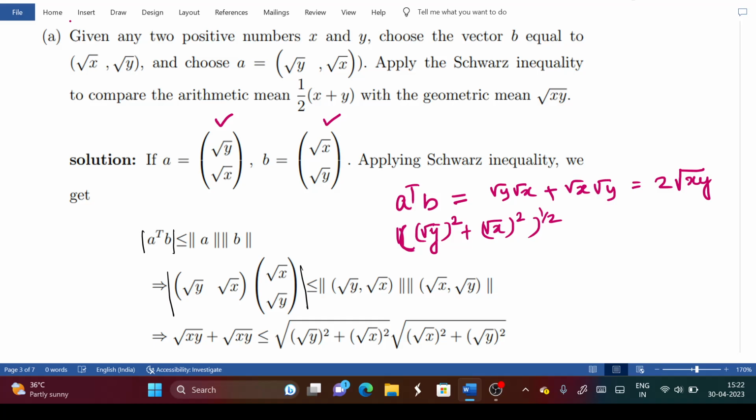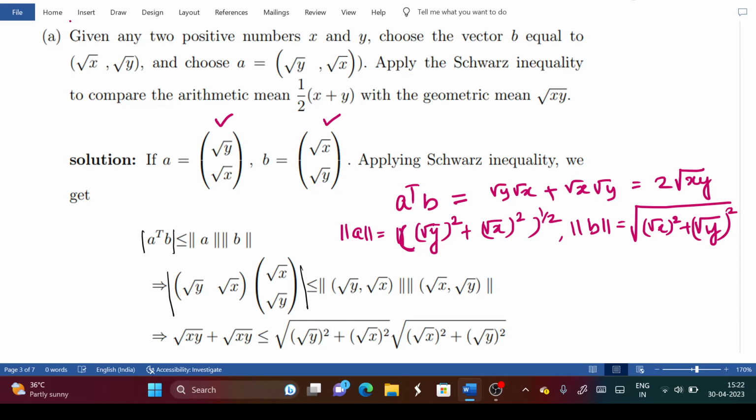It is my length of a. Similarly, what is my length of b? Length of b is equal to root of root x whole square plus root y whole square.